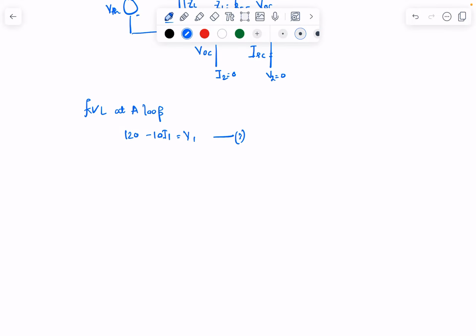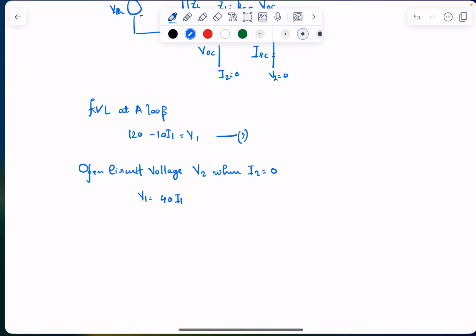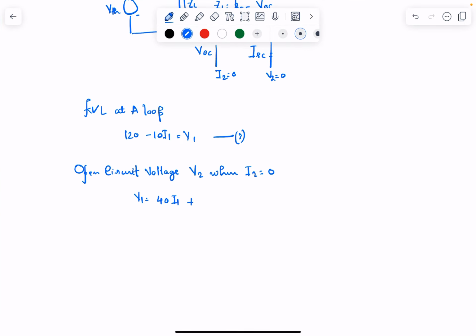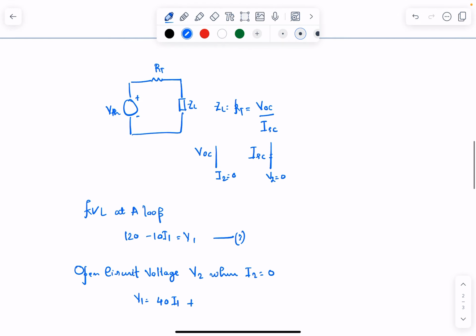Open circuit voltage V2, when I2 is 0, V1 is equal to 40I1 from the voltage equation that was written, plus 60 into 0.